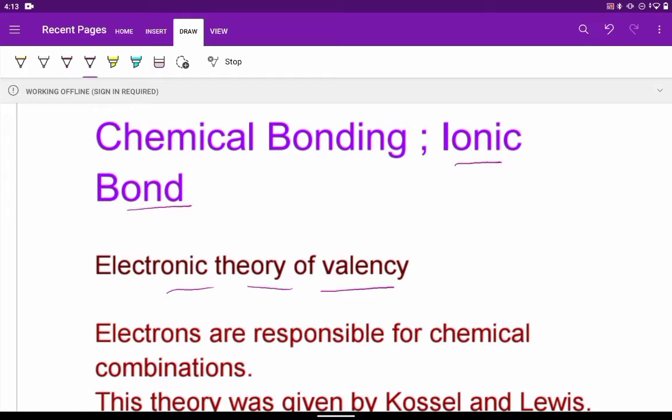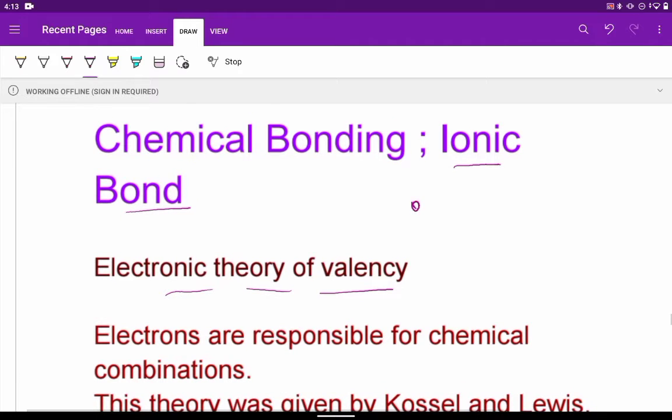Now see, in any atom, the electrons which are present in the outermost shell, that is the valence shell, they are responsible for the bond formation and they are known as valence electrons.